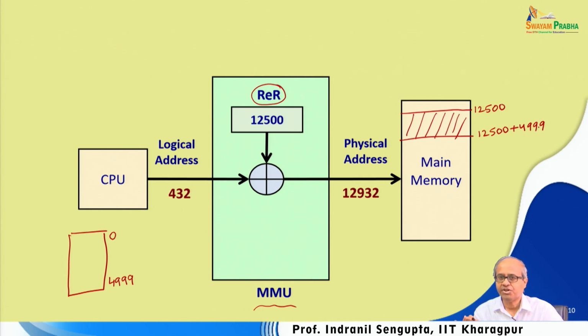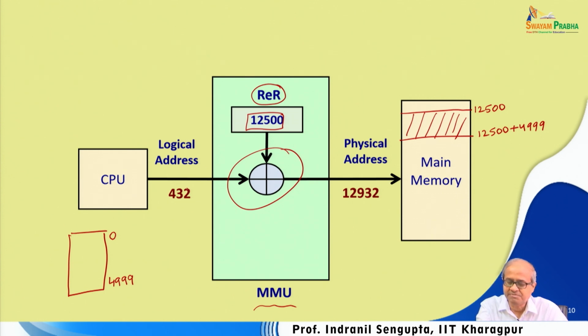Before this program is given control for execution, the operating system will load the relocation register with the value 12,500. All the logical addresses generated by the CPU will get added with 12,500 and the physical address will be generated.